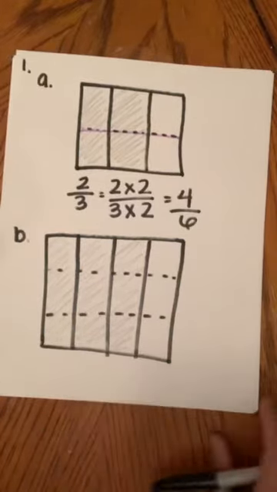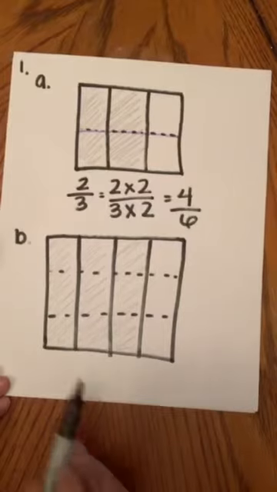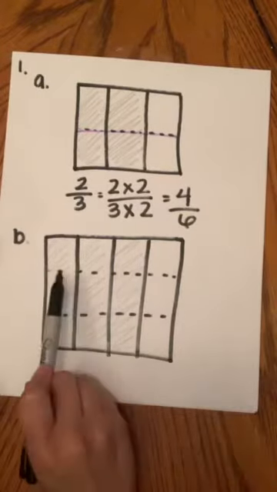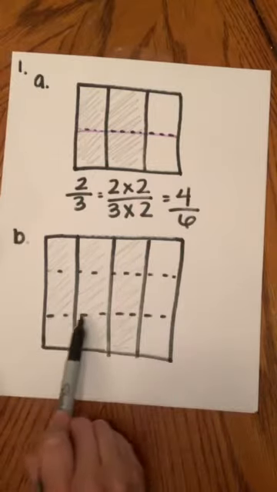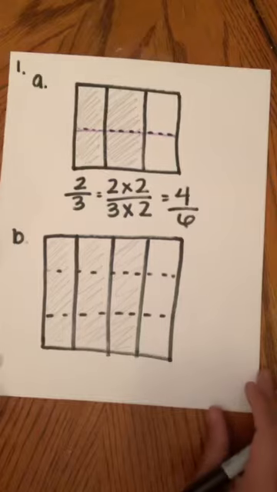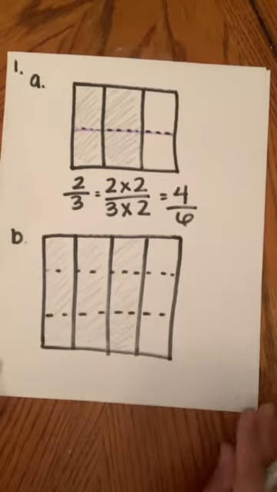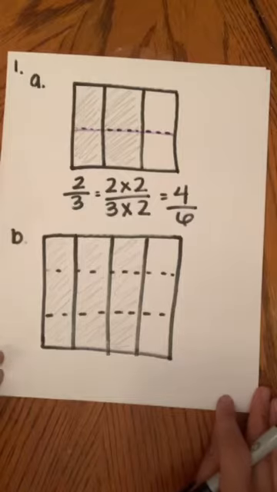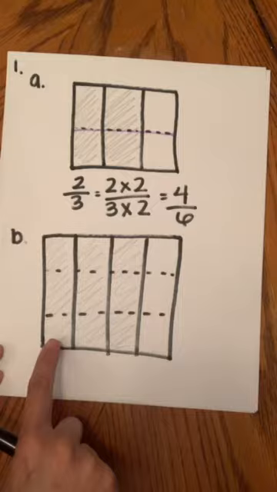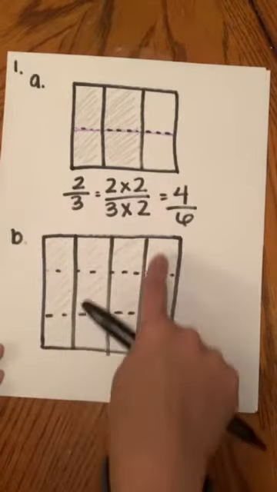So the first thing I'm going to do is start writing my fraction, and I'm going to pretend that these lines are not here, right? I'm going to pretend that the horizontal lines aren't there and that it hasn't been decomposed yet. So if it hasn't been decomposed yet, I know that my whole is going to be, see, 1, 2, 3, 4.